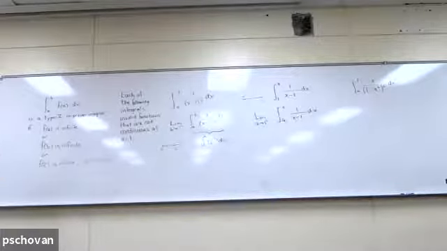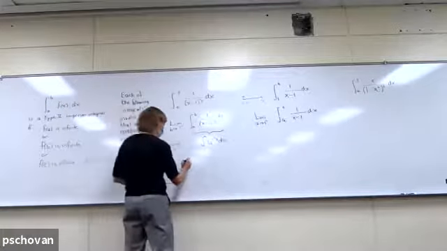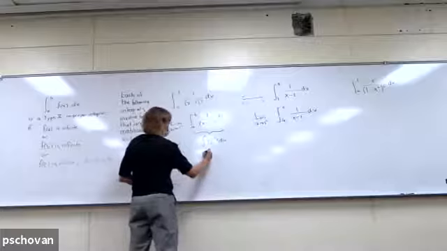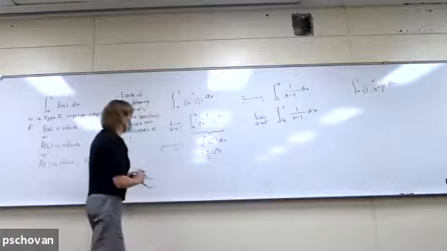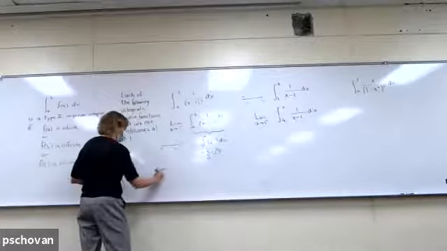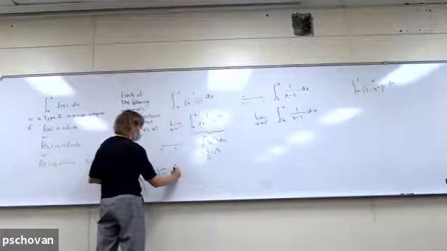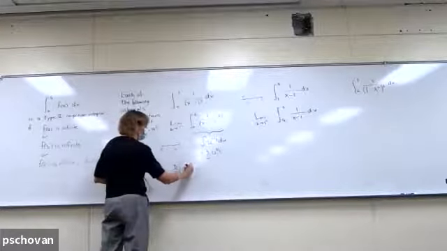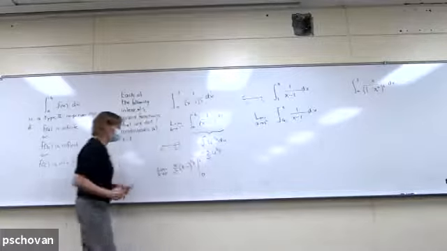Flip and multiply, you get 3/2 times u to the 2/3. So u is x minus 1. We're going to take the limit as B goes to 1 from the left of 3/2 times (x minus 1) to the 2/3, from 0 to B.